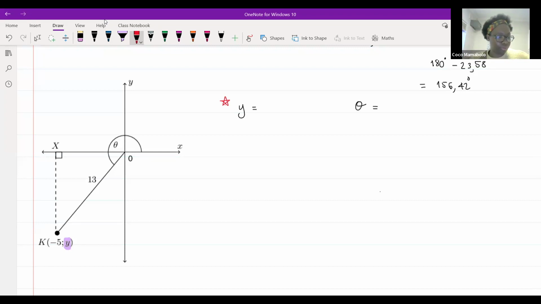Ma'am, is the answer for y 12? No, it's not. But you are almost there. It's okay. Rather than saying no, it's not 12, I'm going to say it's kind of sort of 12. I forgot something.